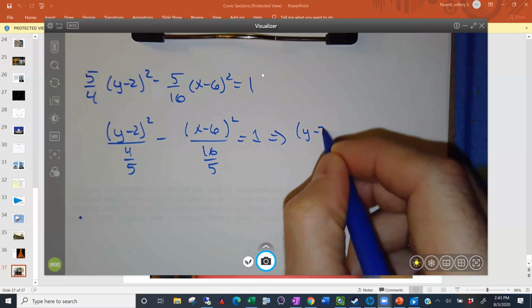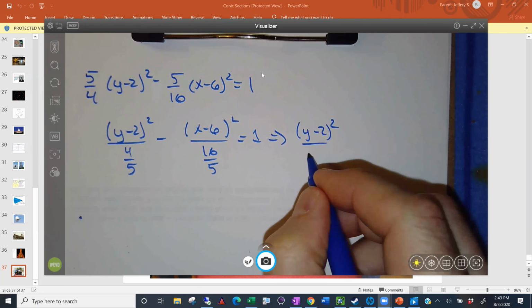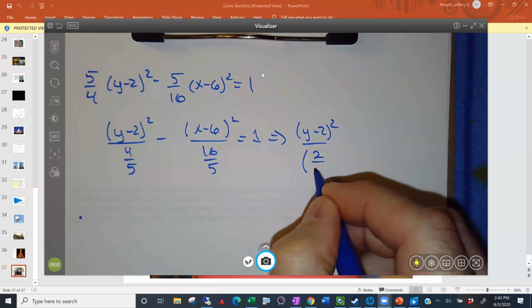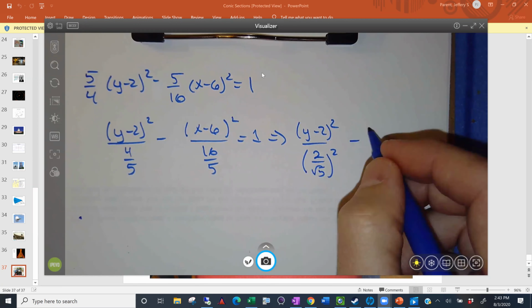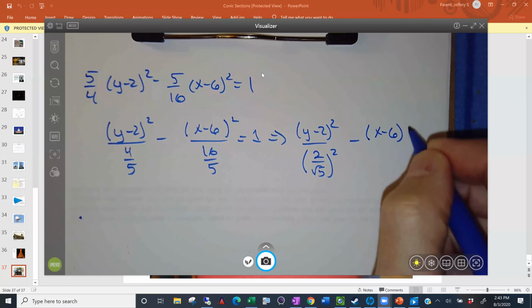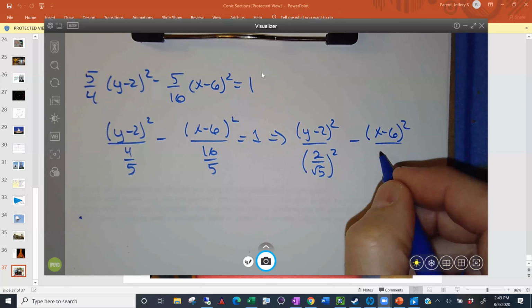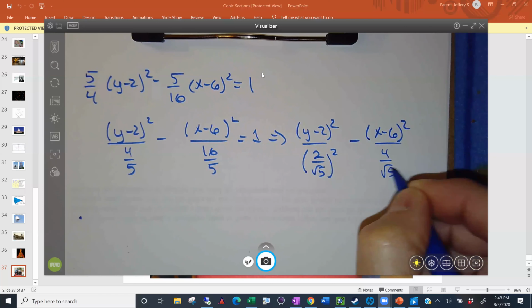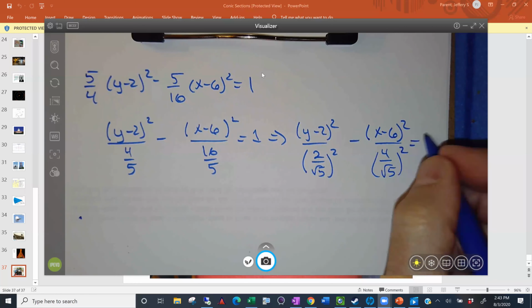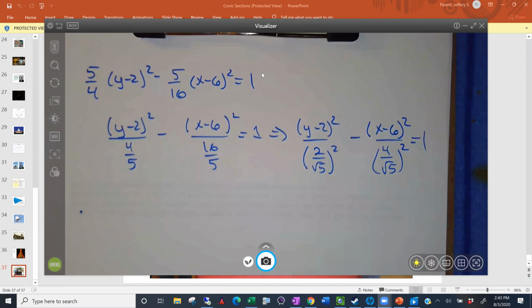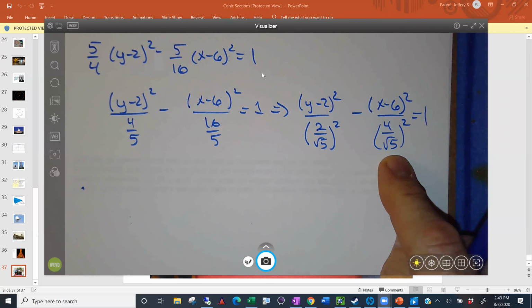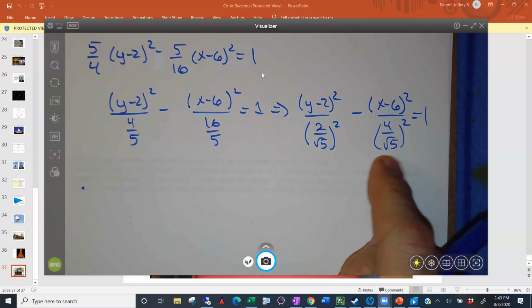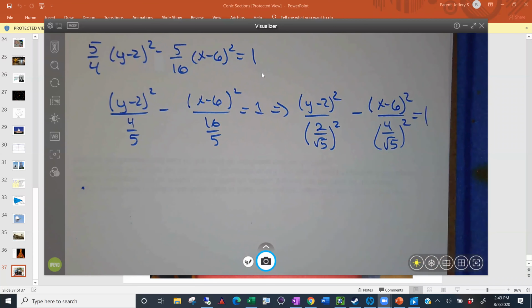So y minus 2 squared over 2 over the square root of 5 squared, minus x minus 6 squared over 4 over the square root of 5 squared. The reason I want that is because I want to figure out what my a and my b are in this particular problem.